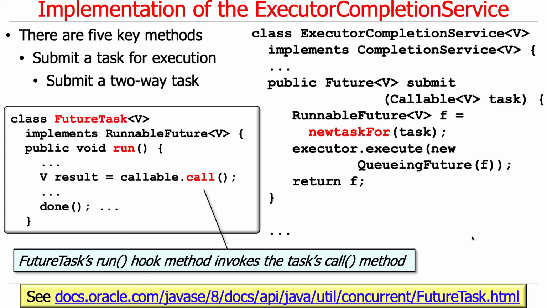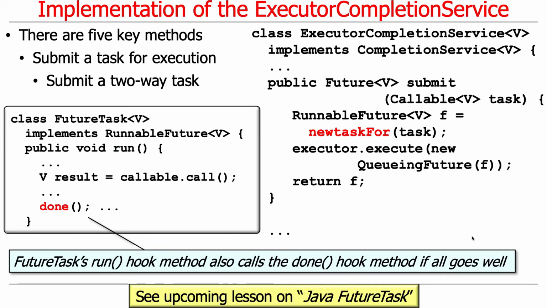And when the run method gets called for an instance of future task, it turns around and forwards to the callable's call method, which will then block and give the result back. And assuming all goes well, assuming that we don't get an exception and so on, what's going to happen in the run method of future task is the done hook method is called. And the done hook method is something we'll talk about later. By default, the done hook method is just a no-op. It doesn't do anything. But you can override the done hook method to do other things.